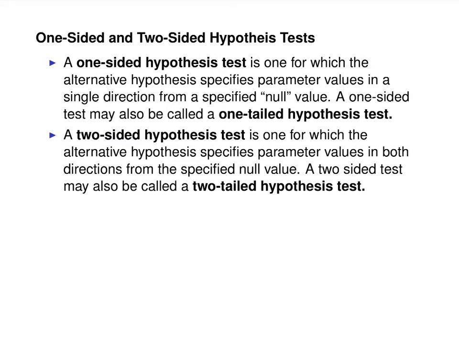So we already did this, but a one-sided hypothesis test is one for which the HA specifies parameter values in a single direction. This is like example number 1. And a two-sided hypothesis test is one for which the HA specifies parameter values in both directions. This is like example number 2.